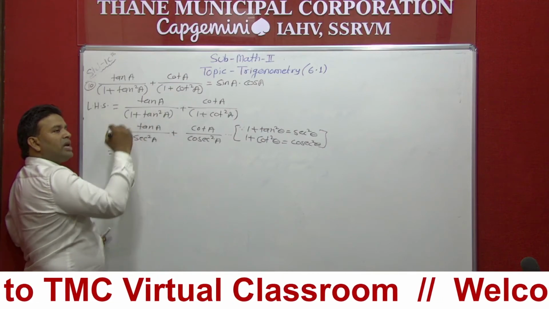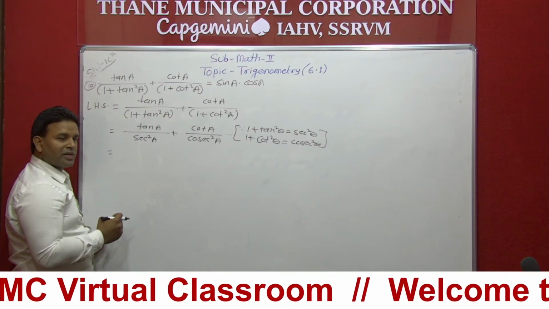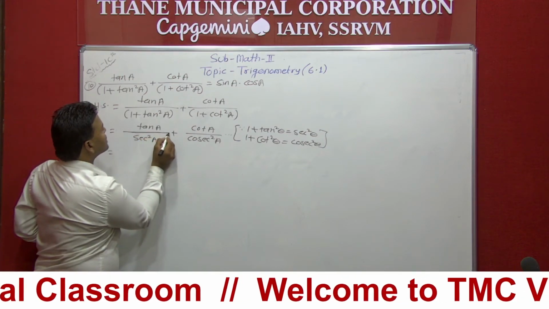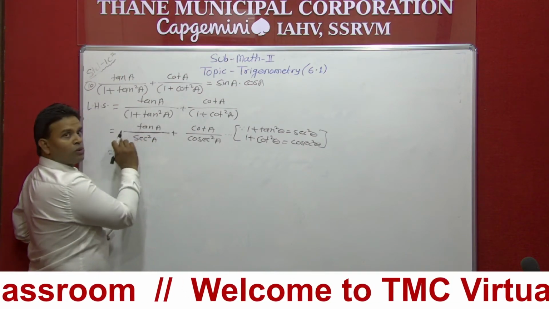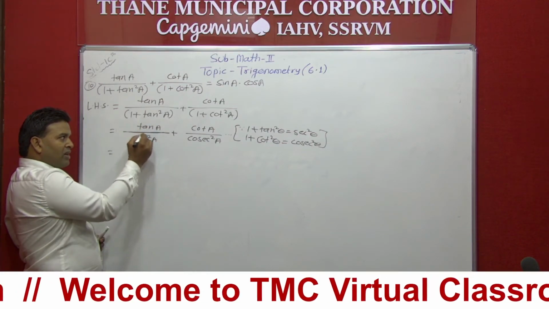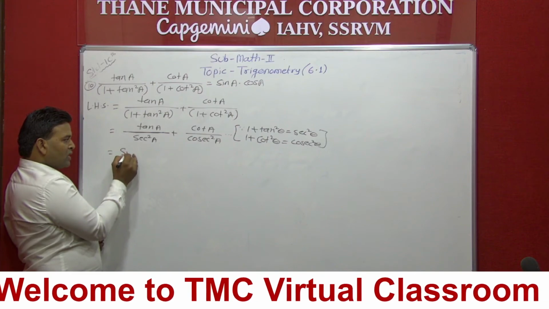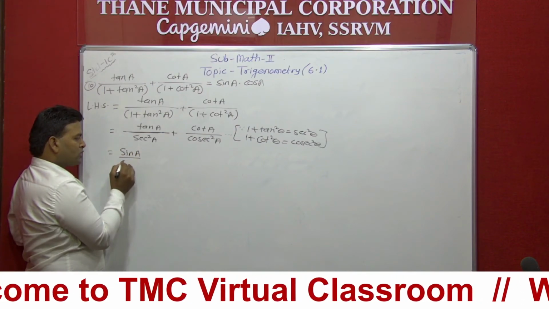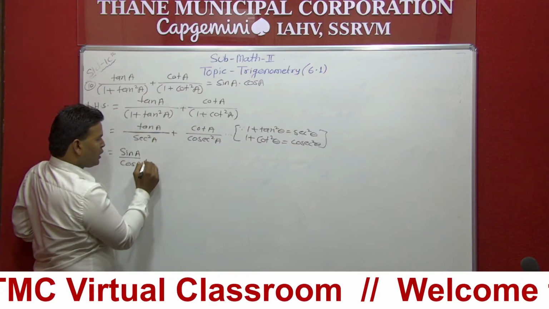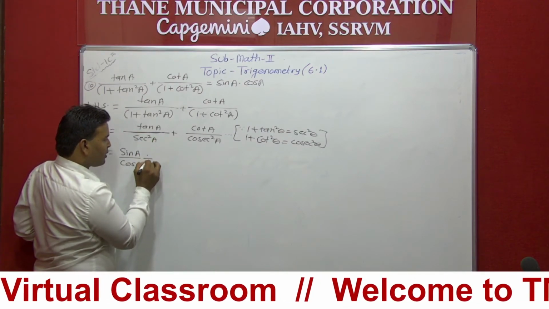After writing the identity, now we will convert each and every ratio in terms of sine and cos. Now see, this is the main denominator. So I will convert this one into the division sign. First I will convert tan into sin A upon cos A. This upon sign will get converted into division.